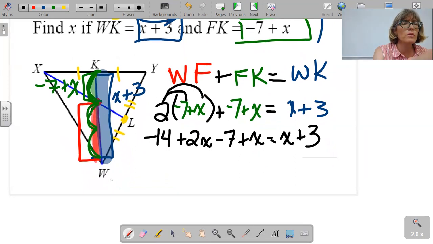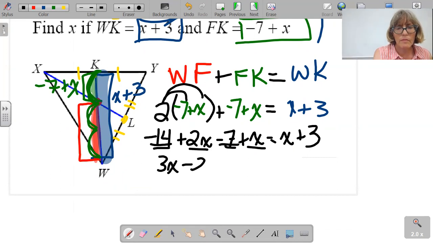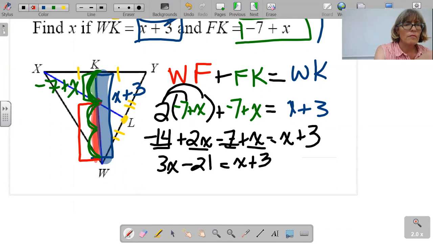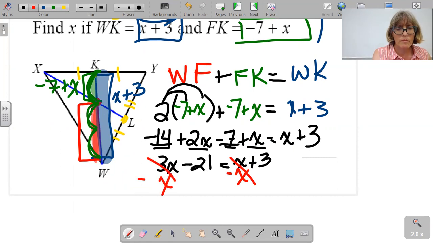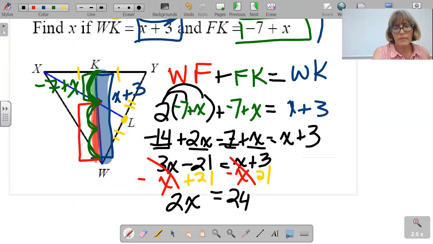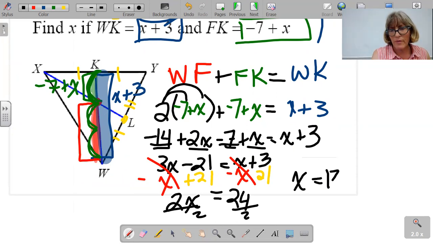Collect like terms. And we get X equals 12.